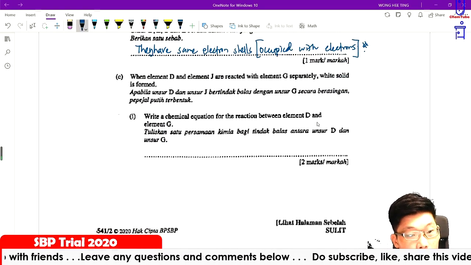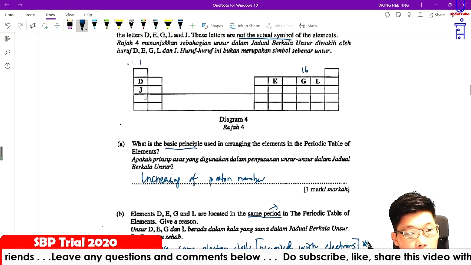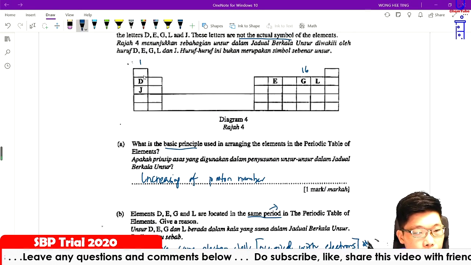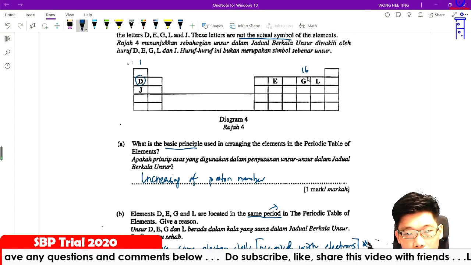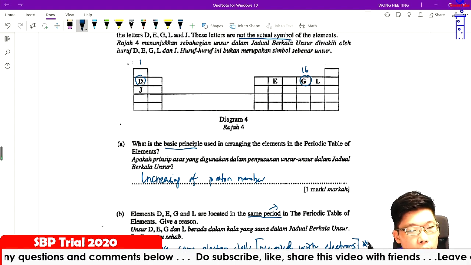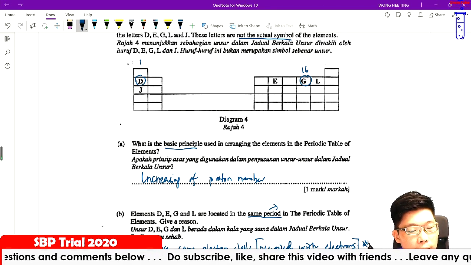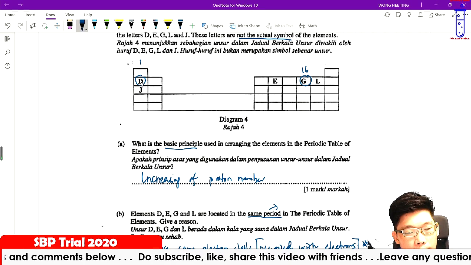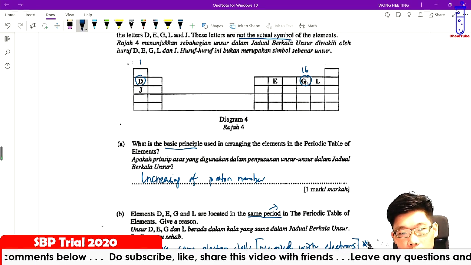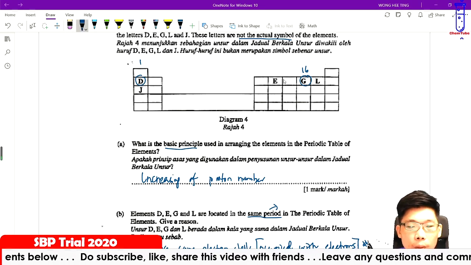D and G. They choose D and G. Group 1 is the metal, so normally it's lithium. G is oxygen.